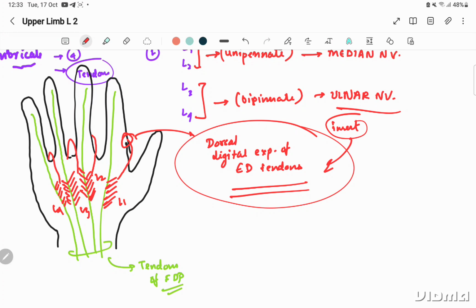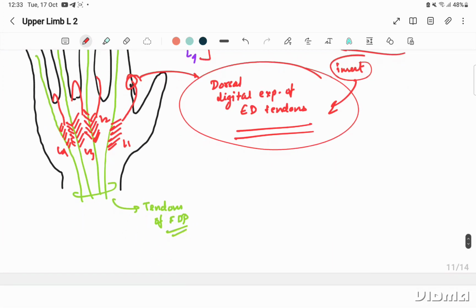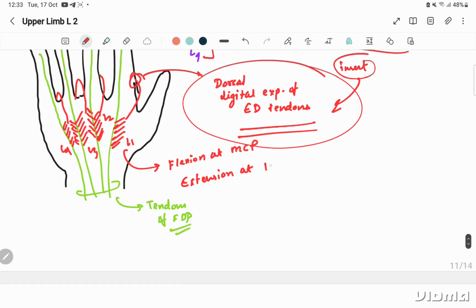Okay, then the function. What are the functions of lumbricals? Lumbricals help in flexion at MCP, extension at IP, interphalangeal joint. Okay, flexion at metacarpophalangeal joint and extension at interphalangeal joint.